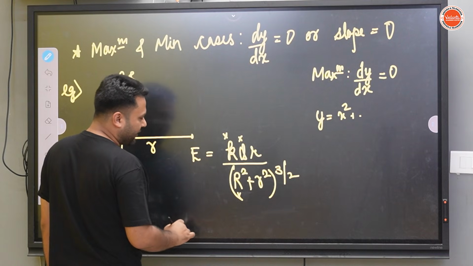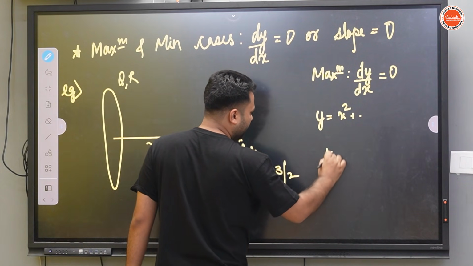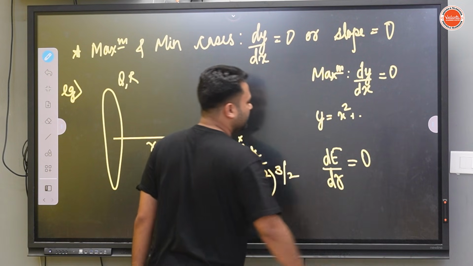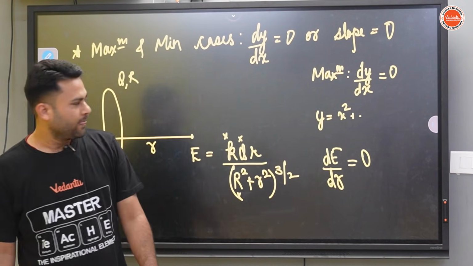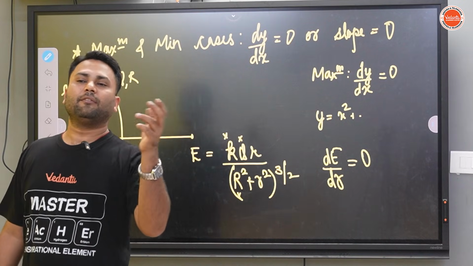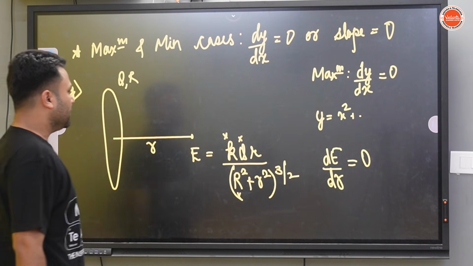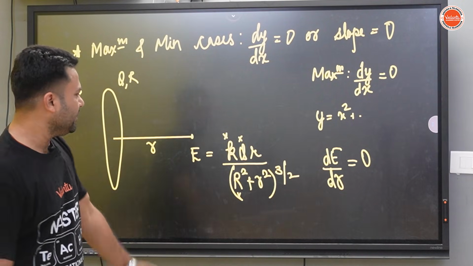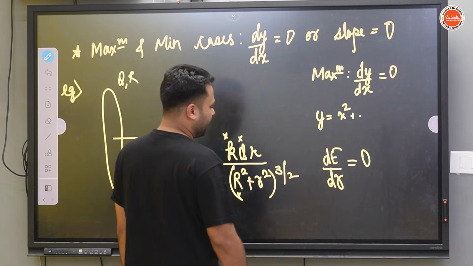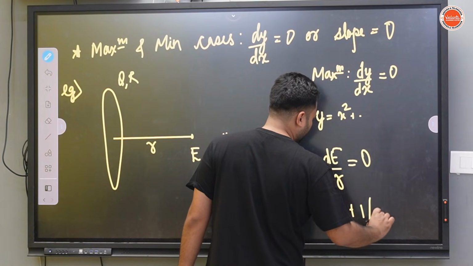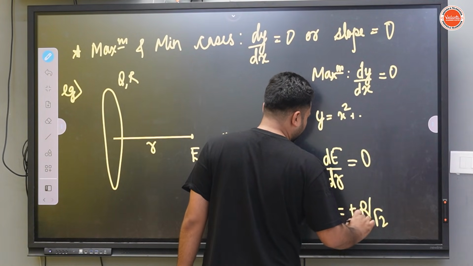So here we can write dE by dr, small r, has to be 0, because they are asking where we will get the field maximum. So dE by dr has to be 0. Now if you differentiate and solve this, you will get r equals to plus minus R by root 2. Means I am just telling the application.